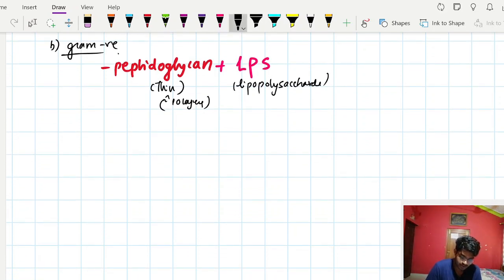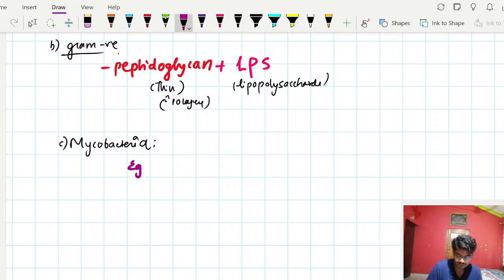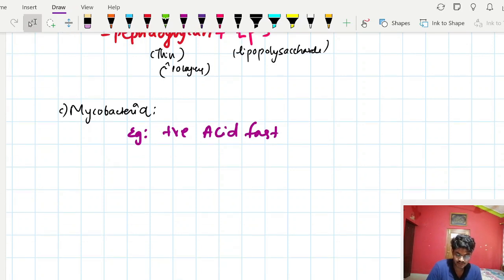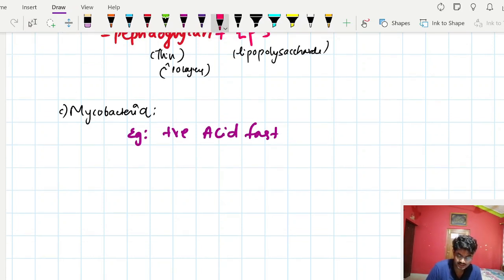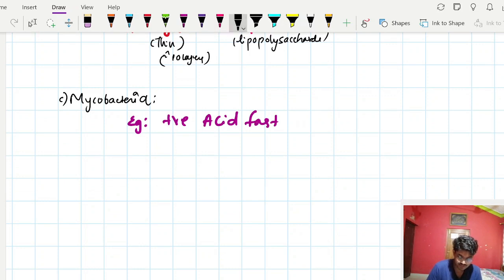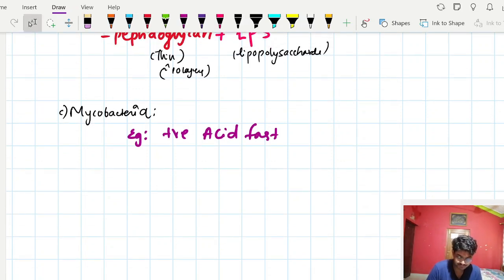Then we have to talk about mycobacteria. Mycobacteria is an example of what? Positive for acid fast, because it takes up the acid fast stain. The reason it is acid fast is its cell wall content.